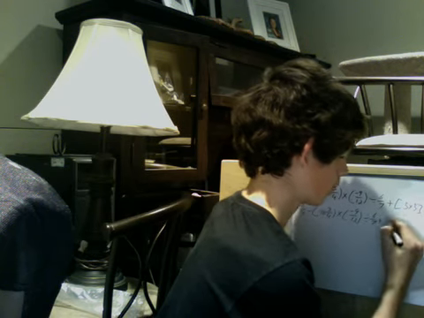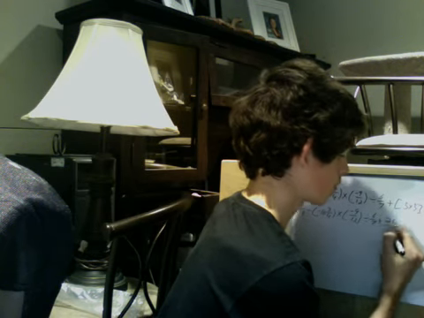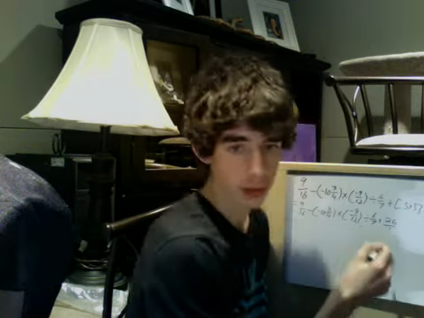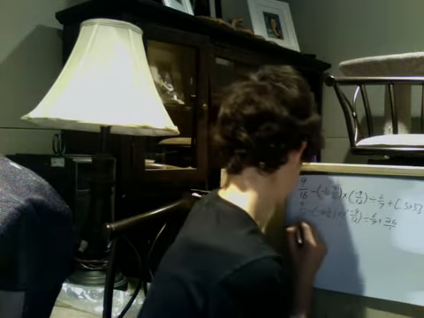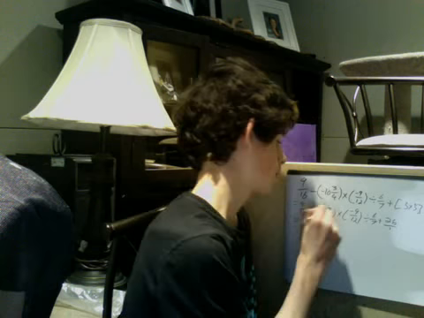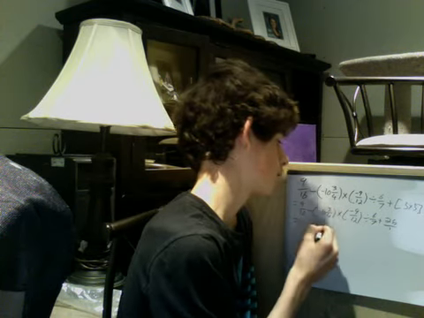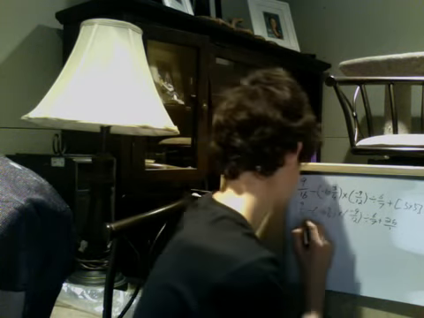Now it's 25, but since you need to make that into a fraction, you put 25 over 1. Now you need to turn this mixed number, negative 10 and 3/4, into an improper fraction.